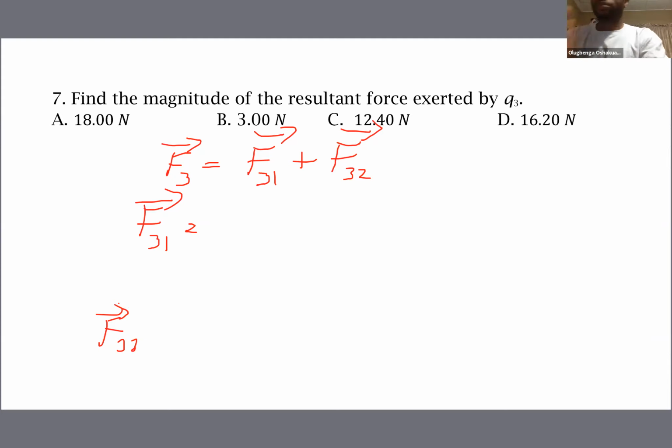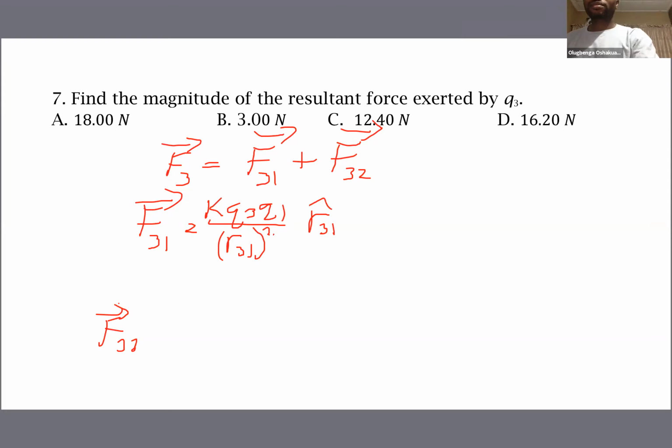F31 should be K Q3 Q1 divided by R31 all squared, times R31 caret. Similarly, F32 will be K Q3 Q2 over R32 squared times R32 caret. So we don't need to put all this here to save space.